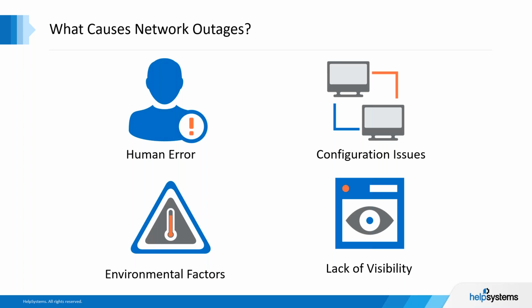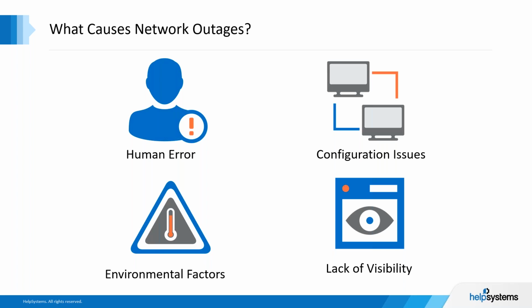If there's an environmental condition failure within your data center, this can have real potential impact on your equipment. For instance, if your HVAC goes down, now there's heat in that server room. Your servers can get overheated and things can happen. So environmental factors can cause network outages in a big way.